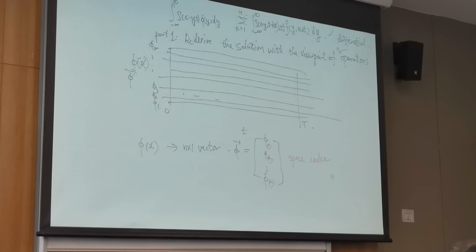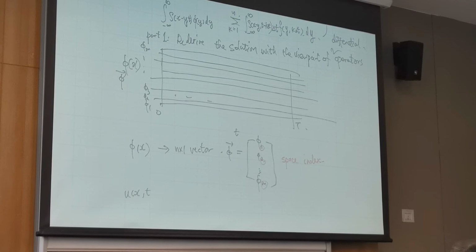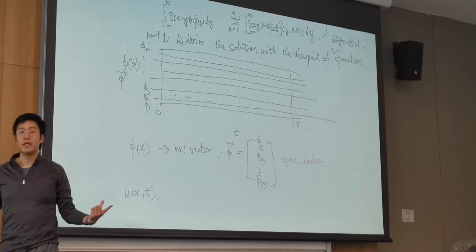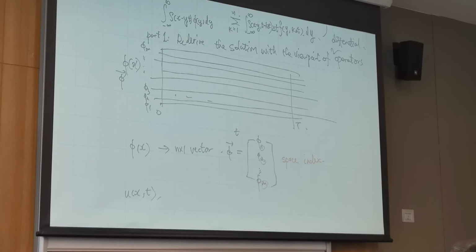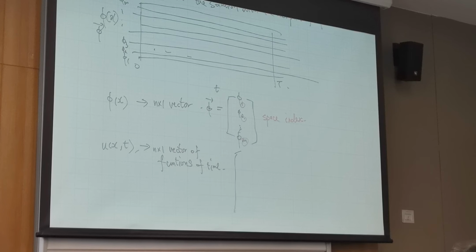Also, my u x t originally is a 2D function, but now again the space dimension is discretized. So now it becomes an n by 1 vector of functions. So what does it mean? That means that now, instead of having a 2D function u x t, I'm actually having an n-dimensional function system.